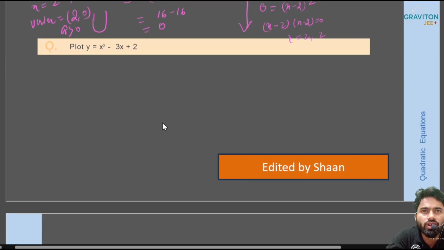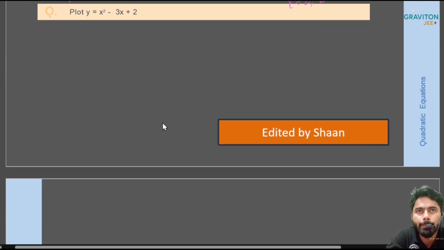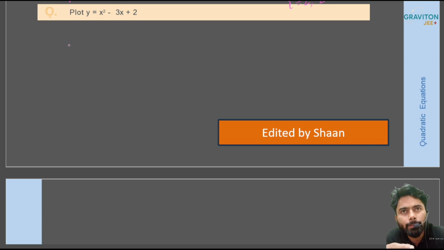Now move to the next question. Look here. Here a is 1, b is minus 3, and c is 2. From here you can calculate directly or by the basic way. First we will calculate by the basic way. x squared minus 3x plus 2.